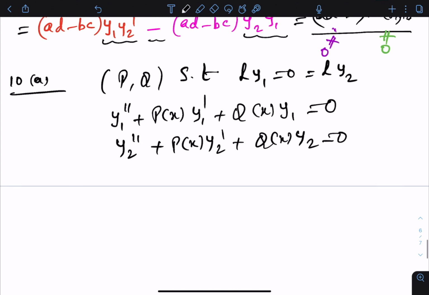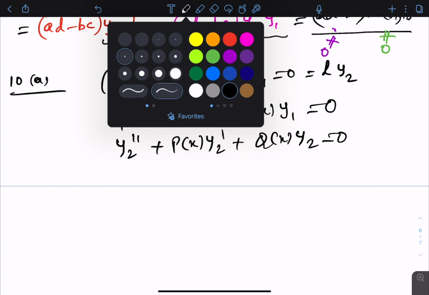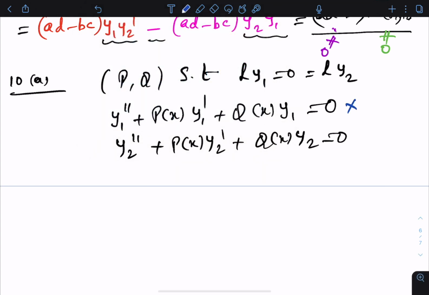So this is like a system of equations, right? If you want to solve for P and Q, y1 and y2 are given, you just have to solve for them. So, for instance, one can multiply this equation by y2 and this equation by y1, then you get y2 here, y2 here, y2 here, and y1 here, y1 here, and y1 here.